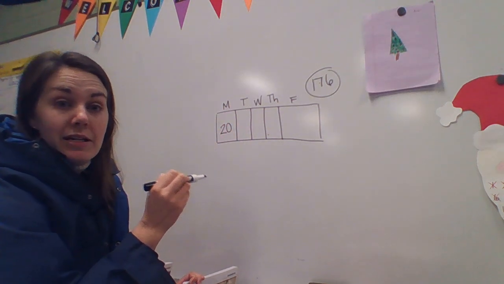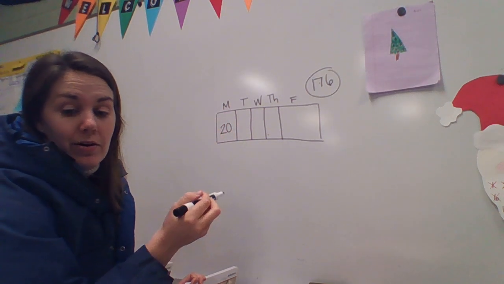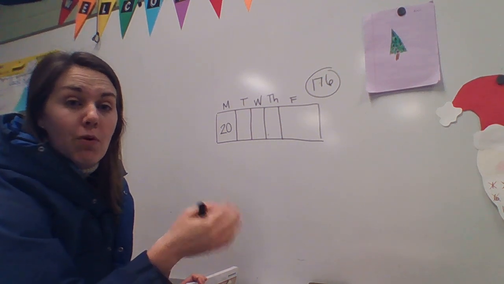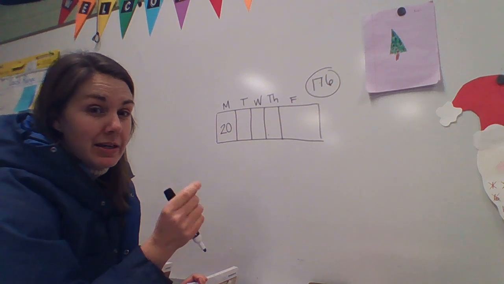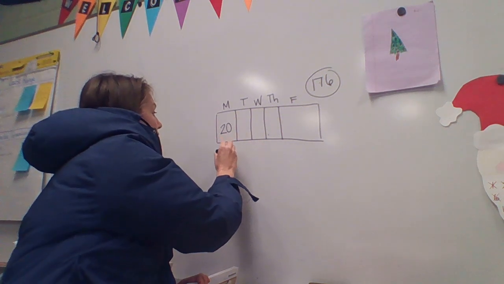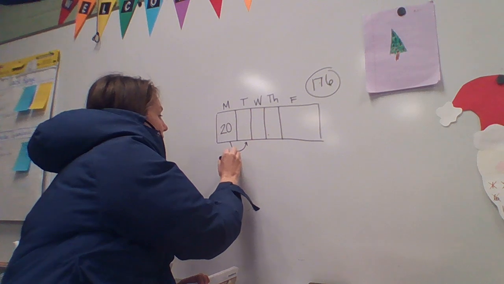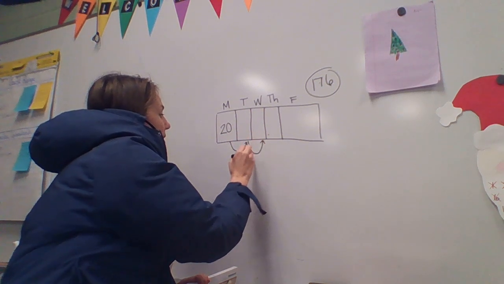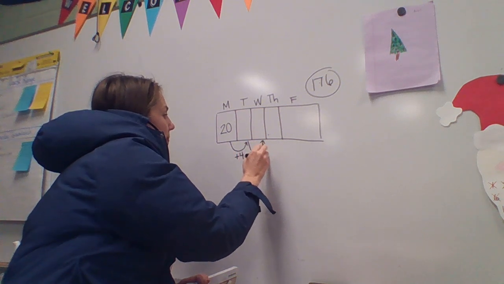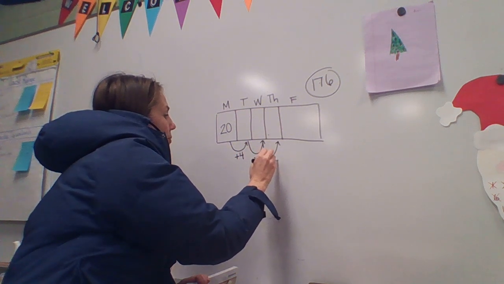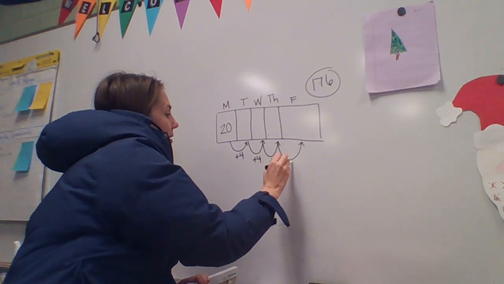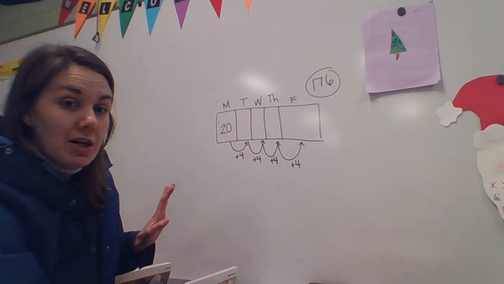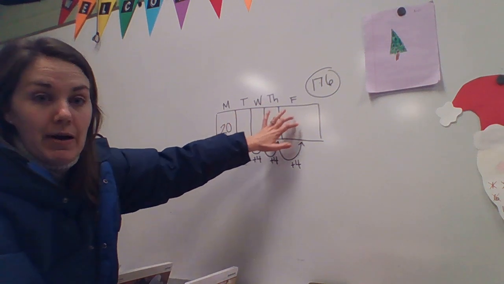We also know that each day we're going to be adding on 4 laps because it says this week he swims 4 more laps each day, 4 more. So more being that key word there, telling us that Tuesday he's going to be adding on 4 more laps than he did Monday. Then for Wednesday, adding on 4 more, adding 4 more for Thursday, and adding 4 more to that for Friday. So each time our number is increasing by 4, right?